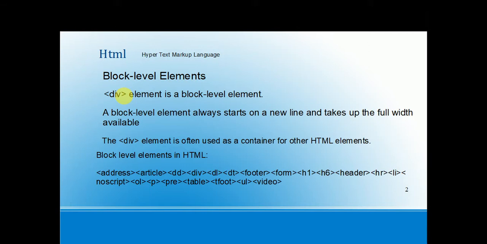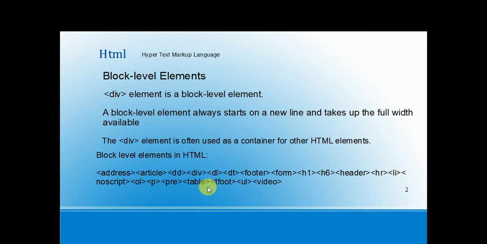Friends, now here are examples of block elements in HTML. You can see address, article, dd for description, div, description list, description terms, footer, form, H1 to H6 headings, header, hr for horizontal rule, li for list item, noscript, ol for ordered list, p for paragraph, pre, table, tfoot for table footer, ul for unordered list, video.